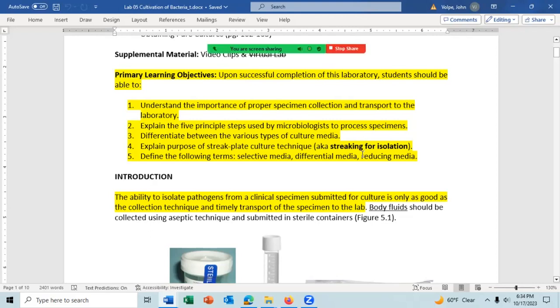And 5, define the following terms: selective media, differential media, reducing media. Any questions about the objectives?